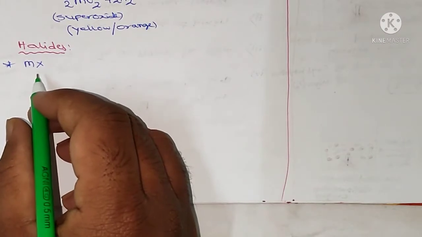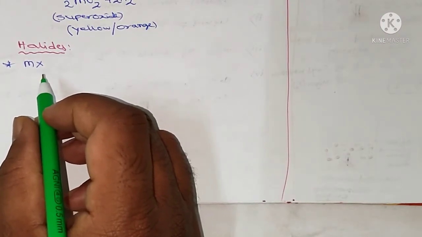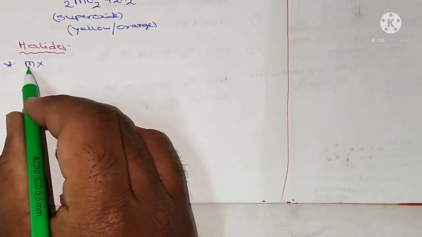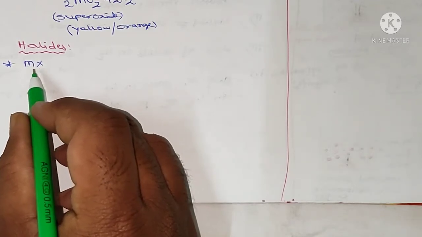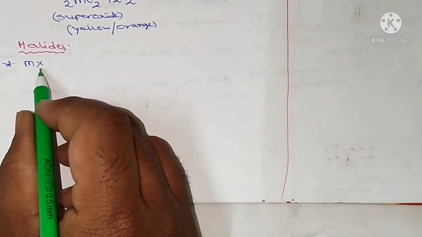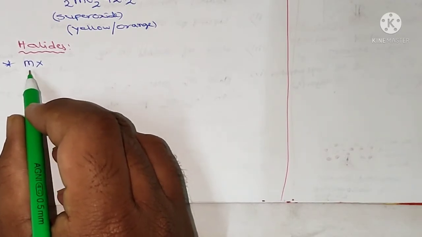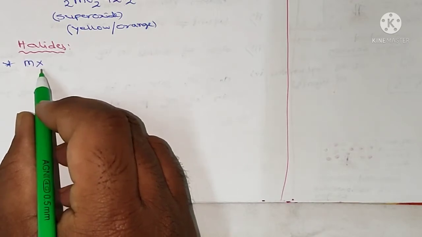Next one, halides. The alkali metal halides are colorless crystalline solids with the general formula MX, where M means metal and X means halogen. For example, lithium fluoride, lithium chloride, lithium bromide, lithium iodide, or sodium chloride, sodium bromide.